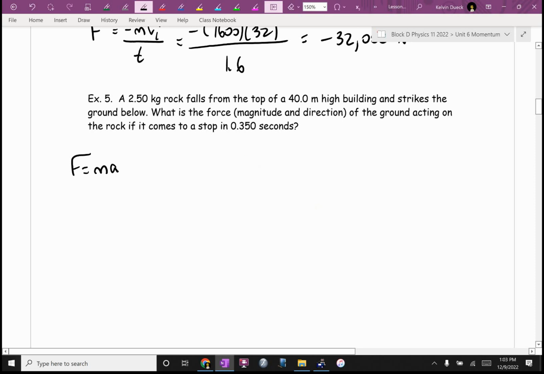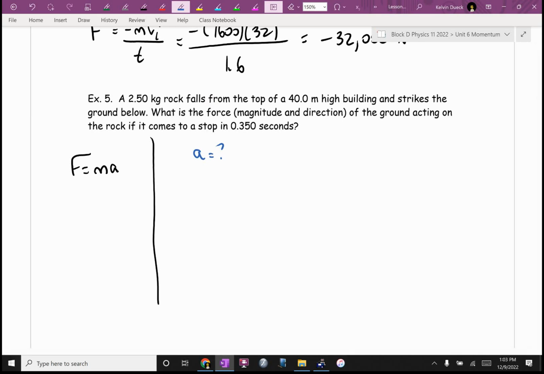Do I know the mass? Do I know the acceleration? So even though this is saying find the force, you know what I'm going to spend most of my time finding? So I would walk over here, I'd probably draw a little line, and I would go, okay, A equals question mark. Which acceleration is this? It's not 9.8. This is the acceleration of the ground bringing this rock to a stop. To a what?